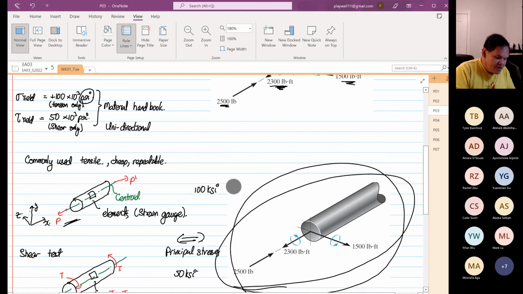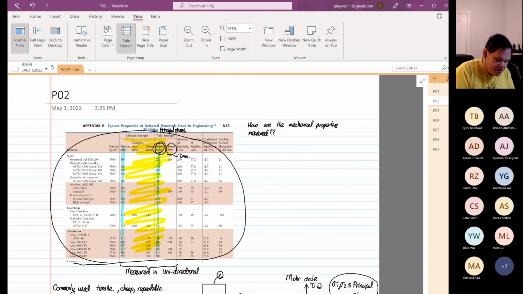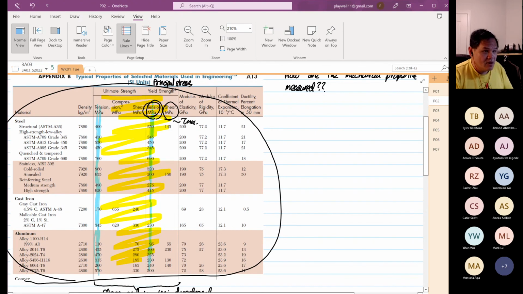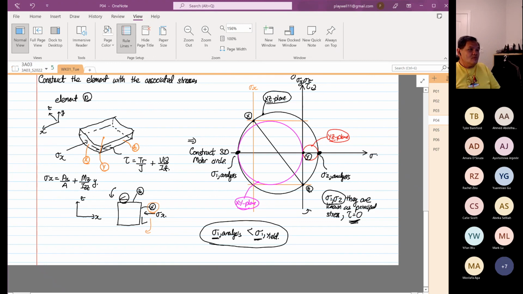So from this table, what is given to us is principal stress. In order to select the right material or the right diameter given the material, at the end of the day, you have to compare the principal stress. Are we clear?